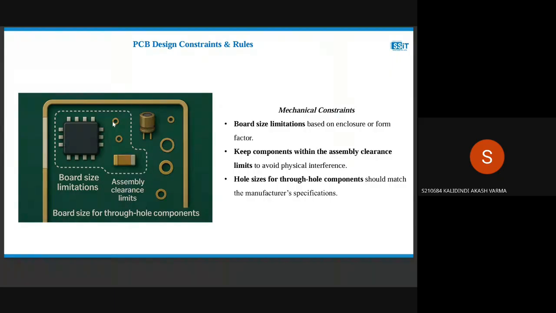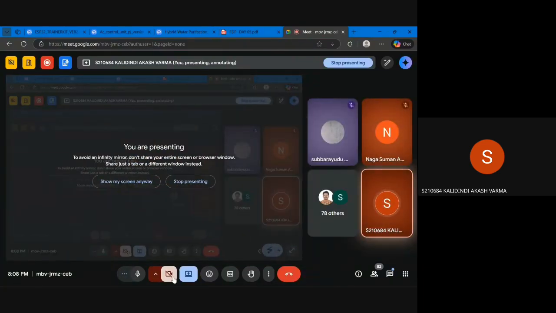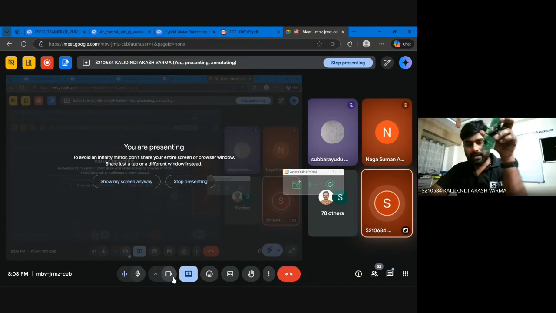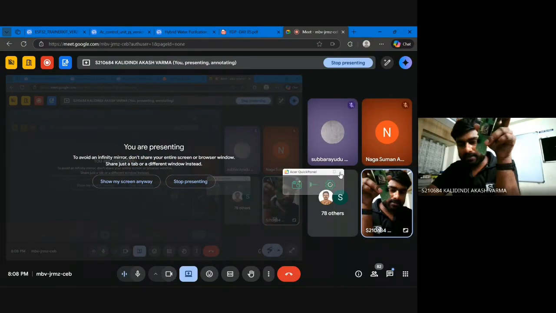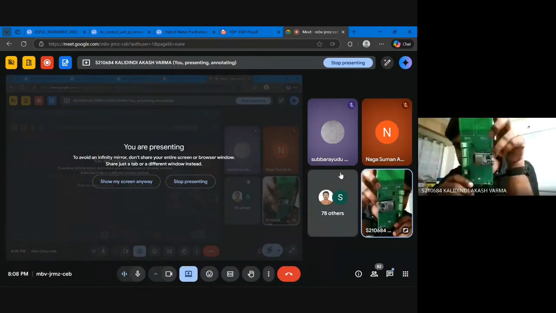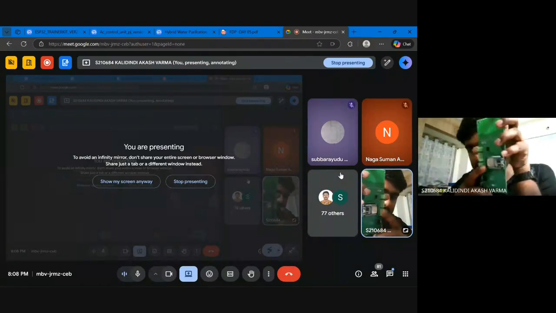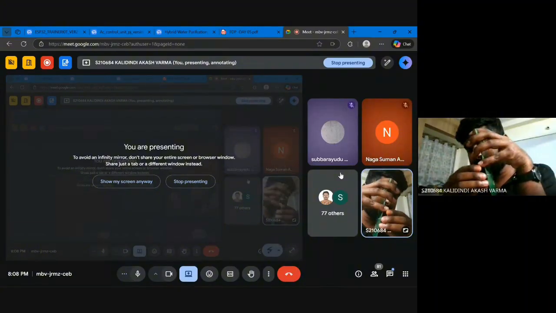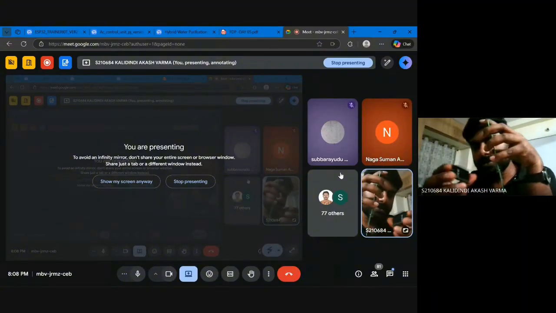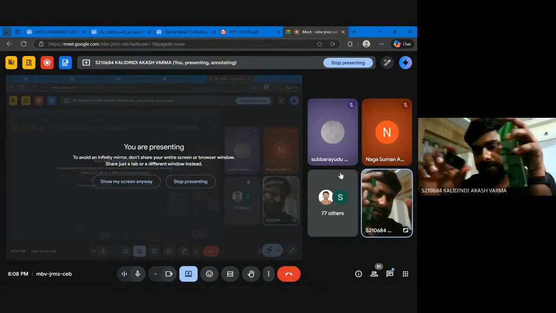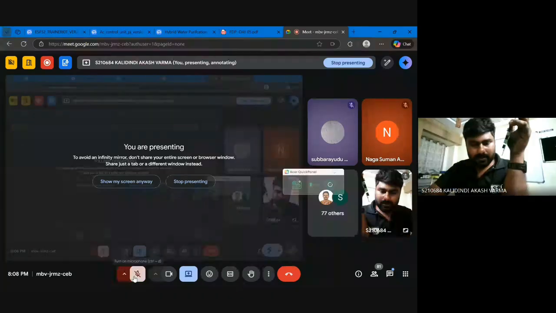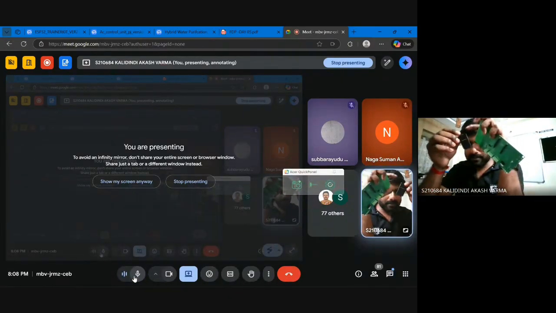Just let me explain. Say we hand over this particular PCB to a junior engineer in our office. So he planned it, and pin to pin, there is a spacing between this particular header and this particular header.